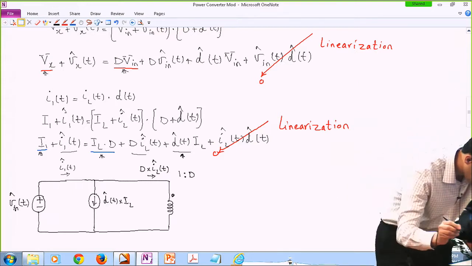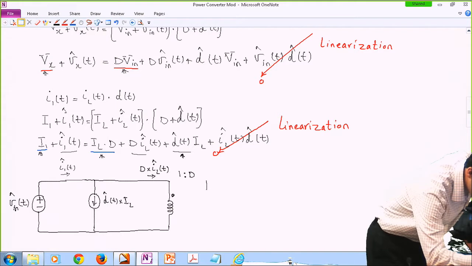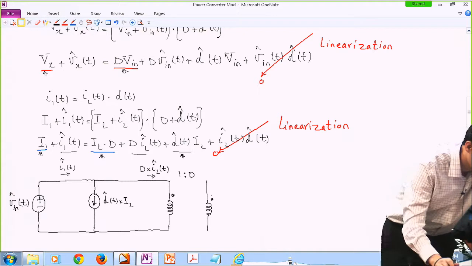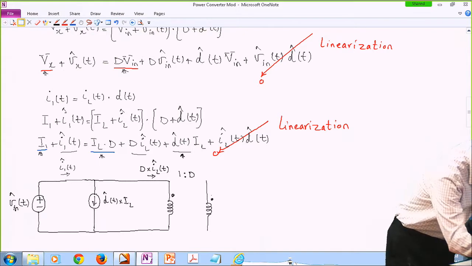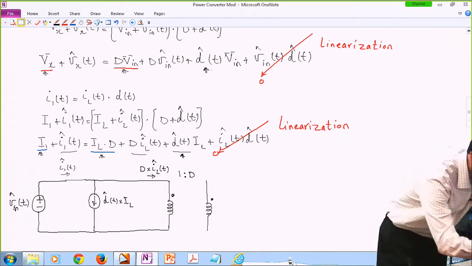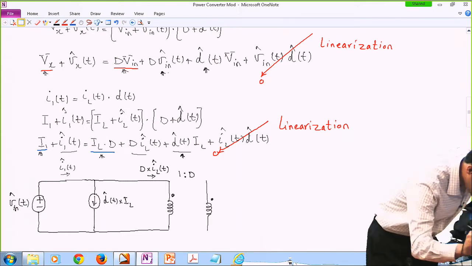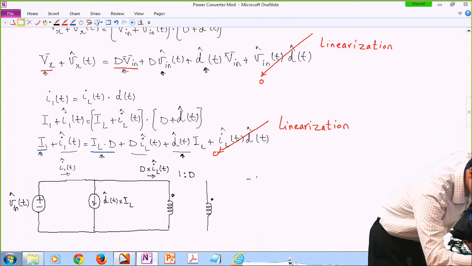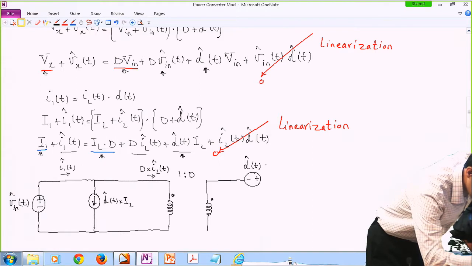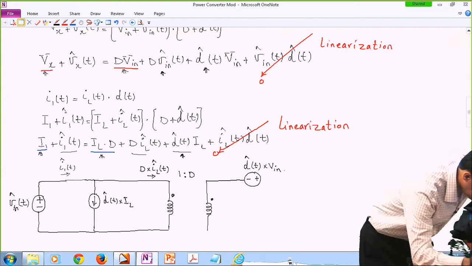And on the output side of the transformer, or on the secondary side of the transformer, we have, so I have to build up this top equation. For instance, I have to take care of this term over here, and then this term. All right, so this is what it's going to look like. And these are voltage terms, so I'm using voltage sources. All right.